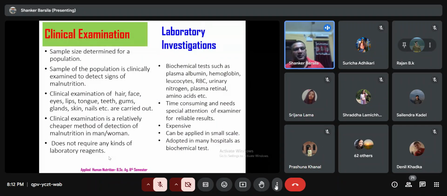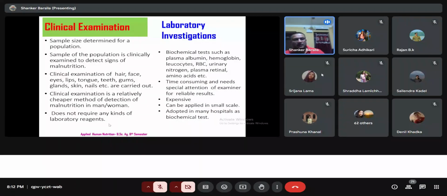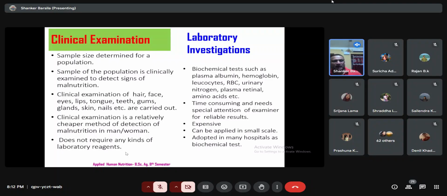Simply the visual observation of hair, face, eyes, lips, tongue, teeth, gums, glands, skin, the nail color, the dentition of the teeth, or whether the tongue is pale or red. If the eye is dry or if it is glossy, there are many examples of doing the clinical observations.